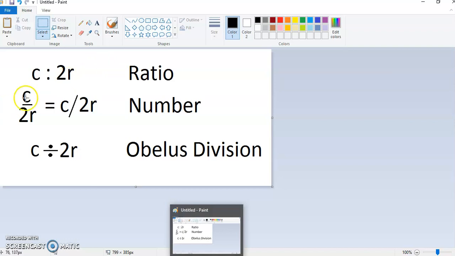So you cannot write C over 2r, because neither of those have a common measure, and so C over 2r is not a number, okay? Is not a number. You see, we use the vinculum to give the measure of the antecedent aliquot part a name. We use the vinculum, either the horizontal one or the slanted one, to give this measure a name.